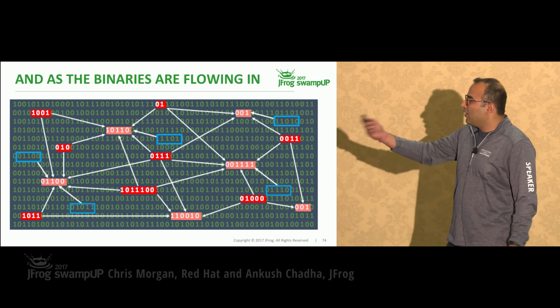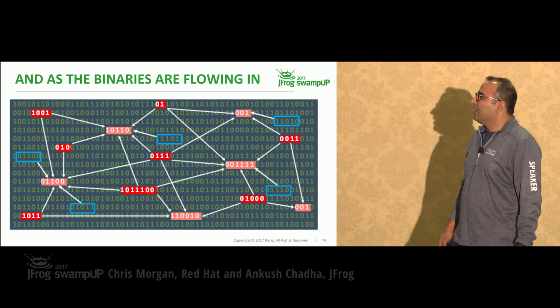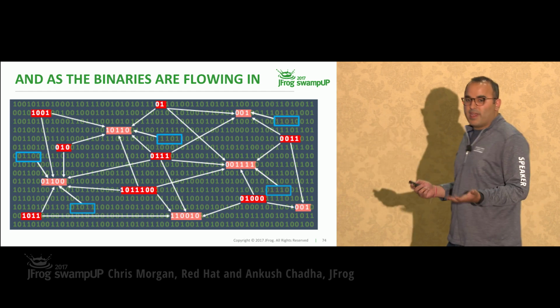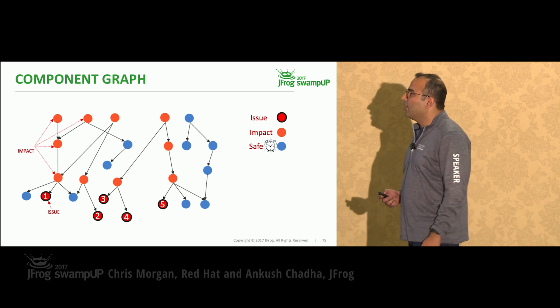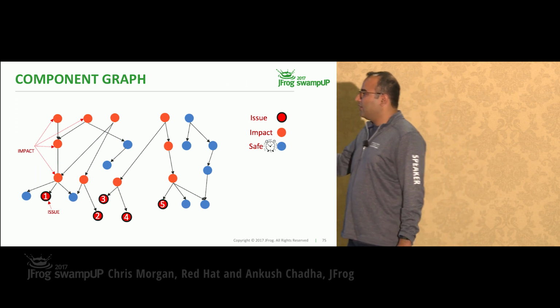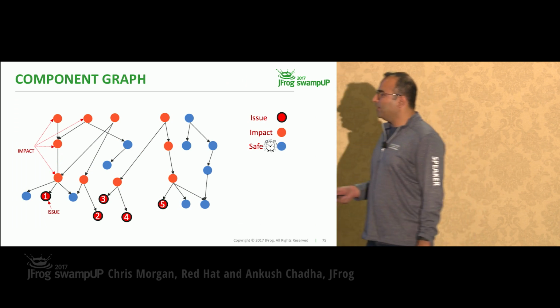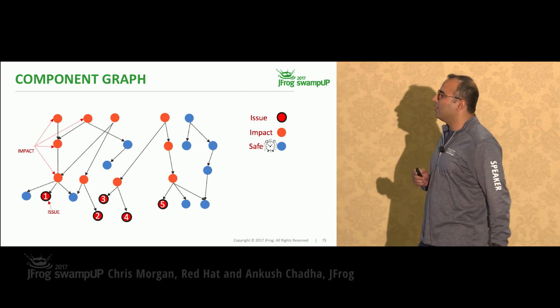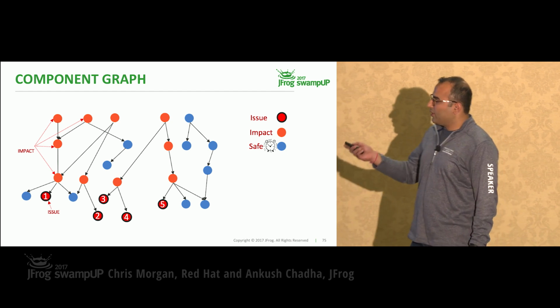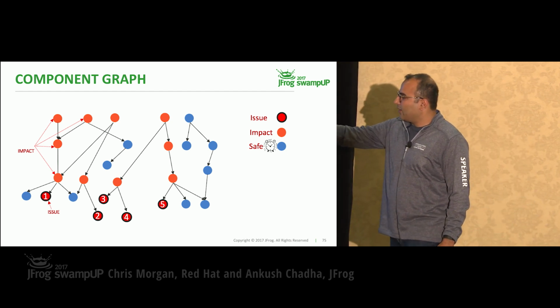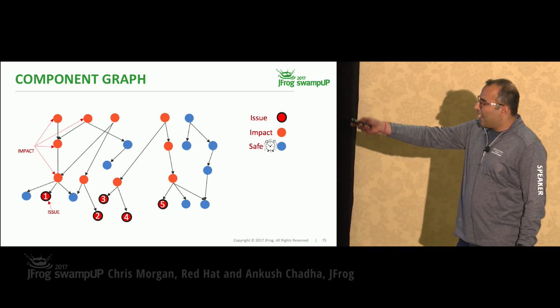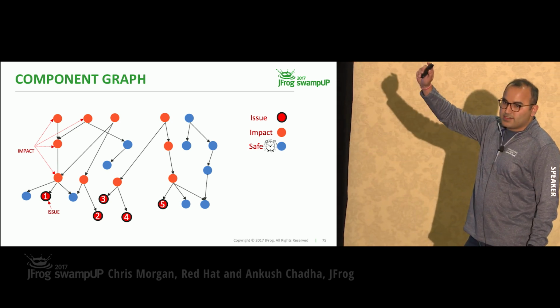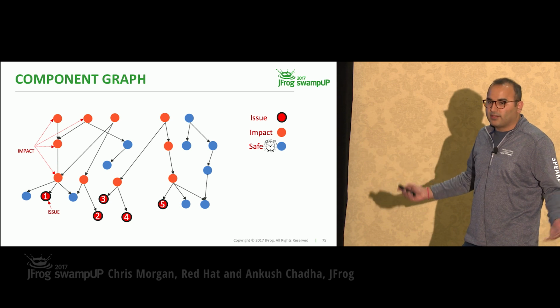So in this graph, there are good binaries, bad binaries, and impacted binaries. This is an easier, more intuitive view of the component graph. Over here, the child node has an issue, and all the ancestors of the child node are my impact, right?